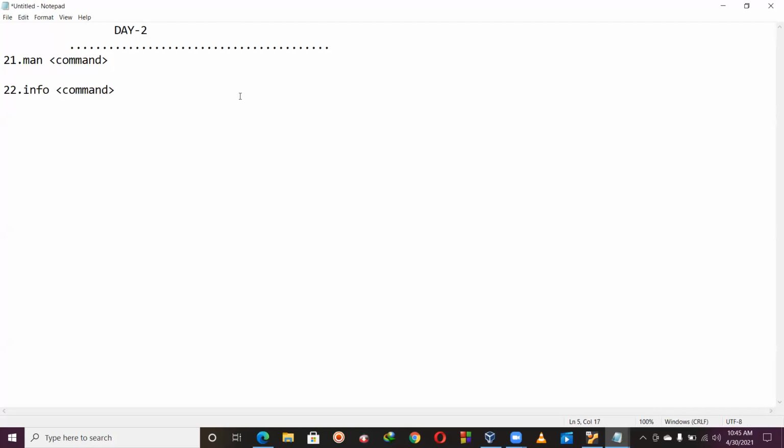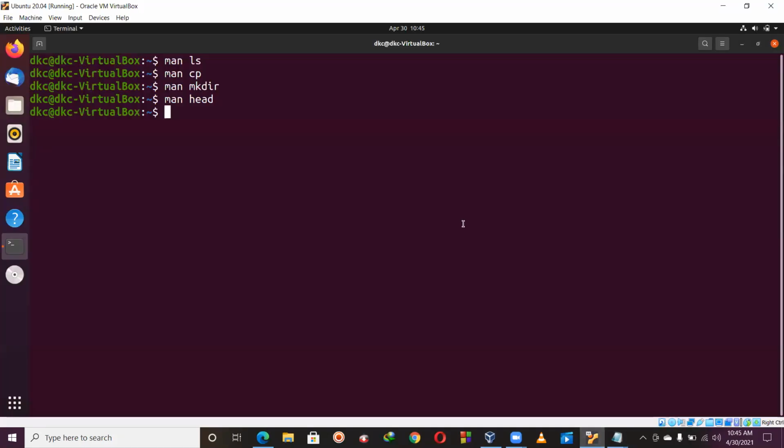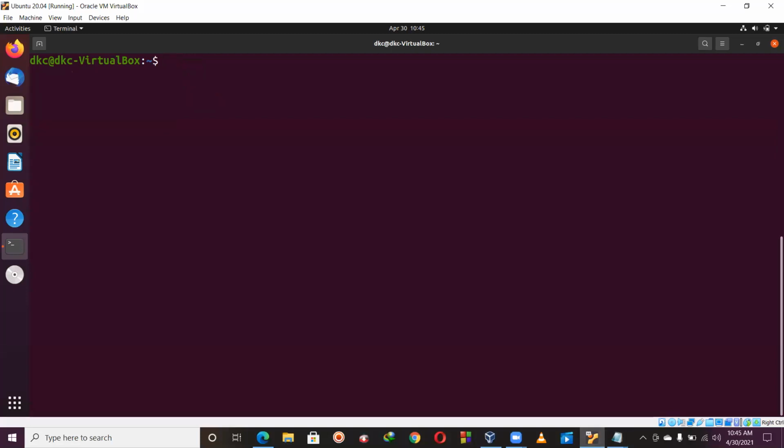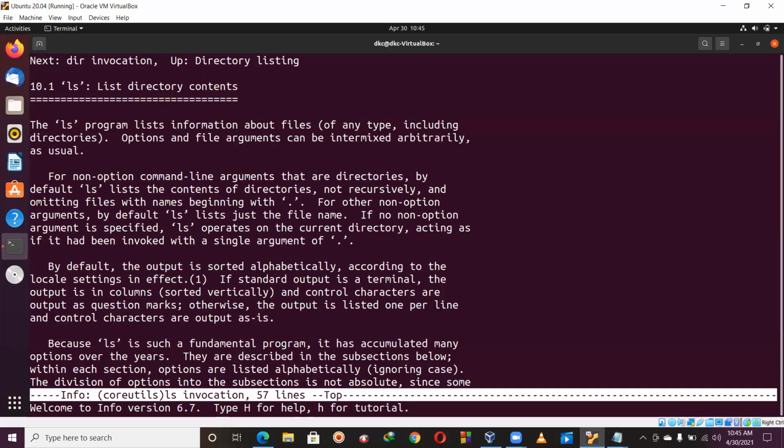It gives the same with a slight difference. For example, here I'm clearing the screen. Here, info ls means I want to get the information about ls. It gives you more information, more description.